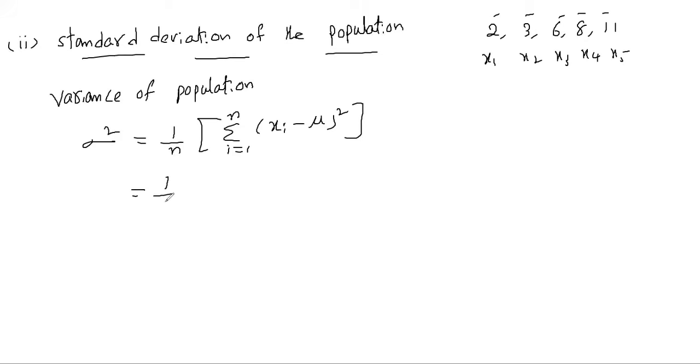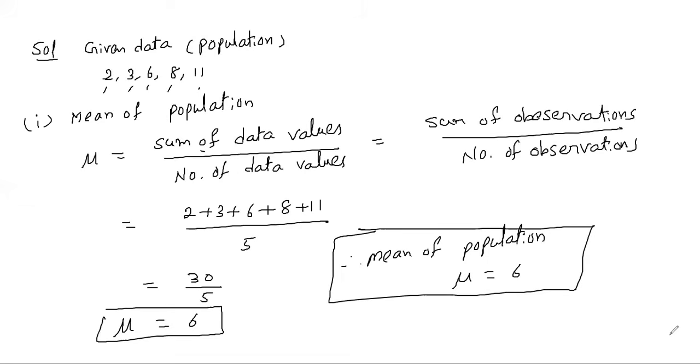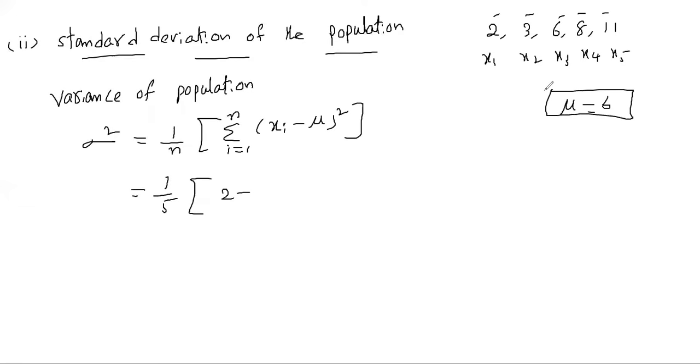So 1 by 5 into xi, first one x1, 2 minus mu value. What is the mu value? In the first question you got mu value 6. So mu is equal to 6. So x1 minus mu, i equal to 1, 2 minus 6 whole square.